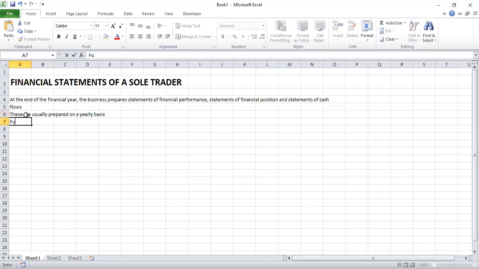The full set of financial statements comprise the following.